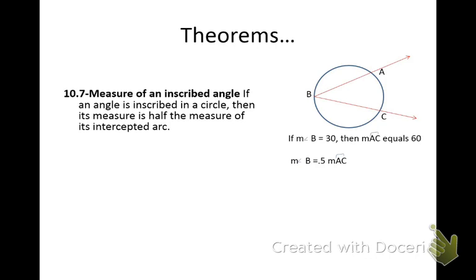All right. So here's an example. If the measure of angle B is 30, then we know that the arc AC is 60. It's twice, because B is half of AC.